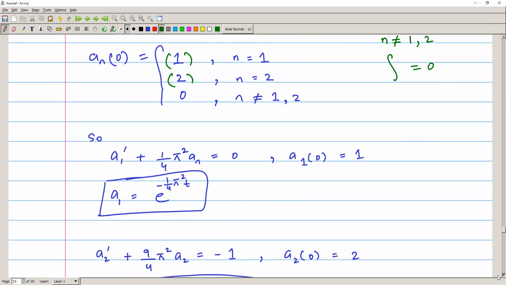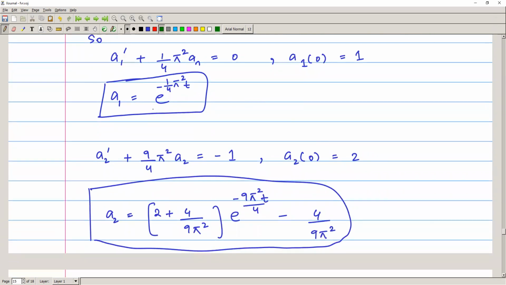Now we are going to construct the differential equations. So a1 prime plus 1 over 4 pi squared a1 is equal to 0, and the condition a1 of 0 is equal to 1. From this equation, we are going to get a1 by solving it as a linear first order differential equation. So the value of a1 is here, right?